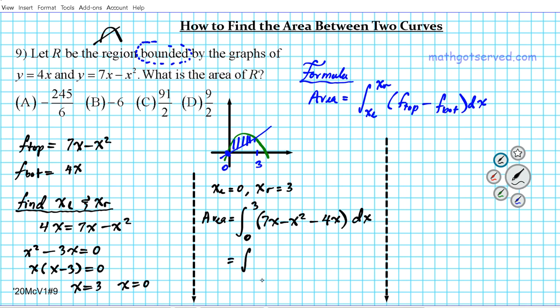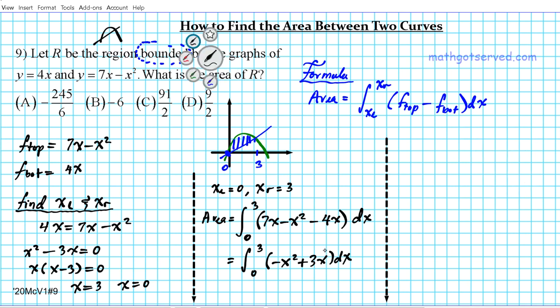So we have the integral from 0 to 3 of combined like terms. We have negative x squared, and then 7x minus 4x is plus 3x. All right, so let's go ahead and integrate. So FTC1: you integrate and evaluate it at the top minus the antiderivative evaluated at the bottom, okay?